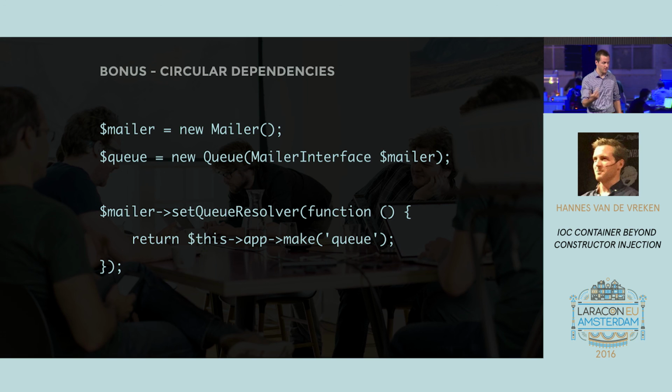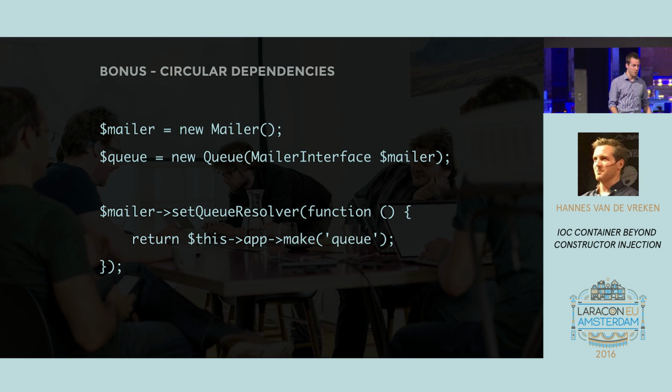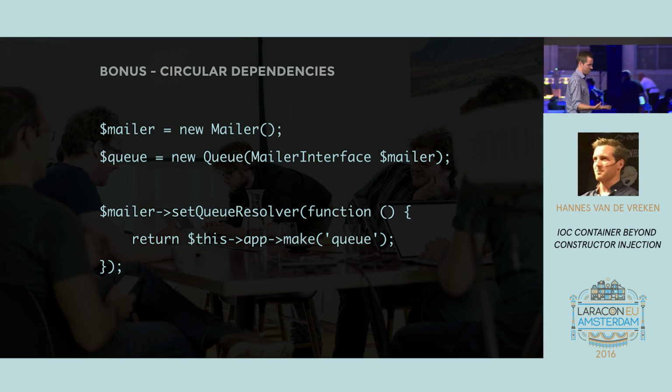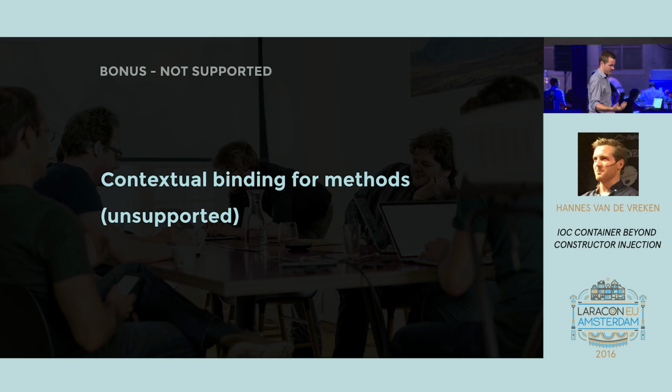We can make mailer a soft dependency of queue, and then only when the queue needs the mailer, we can new up that mailer and inject that. So that's the same technique as with optional dependencies. Of course, this doesn't make any sense because you're never going to queue something on a mailer. That's a silly example, but it should suffice to explain what a circular dependency is.